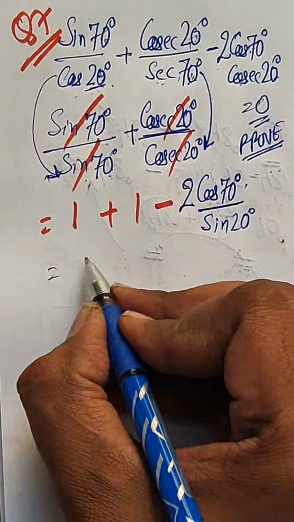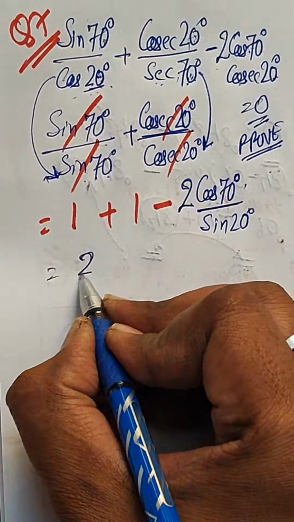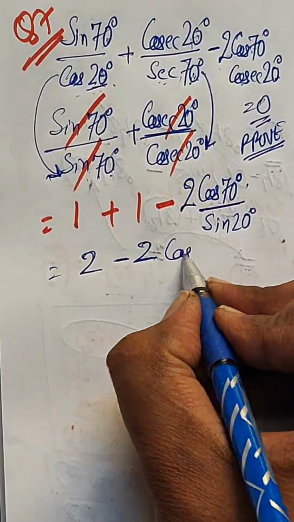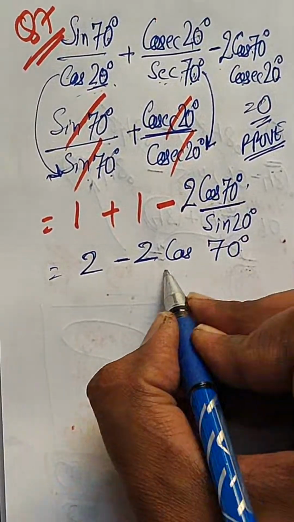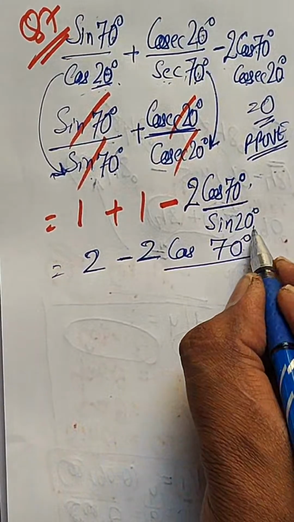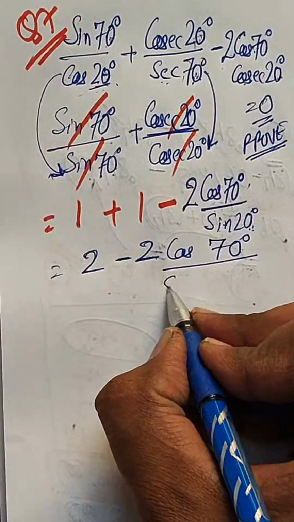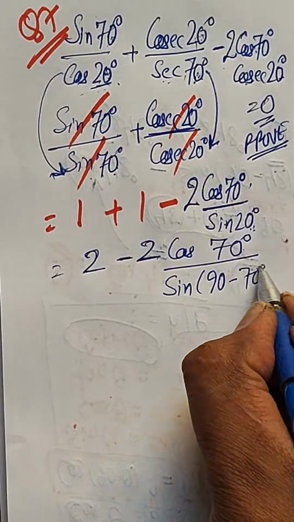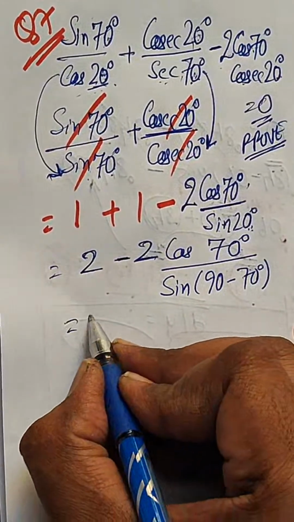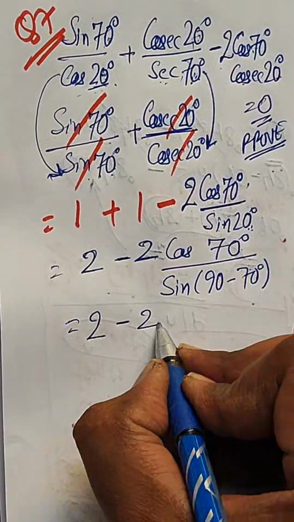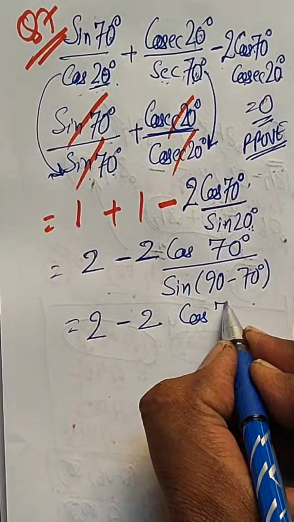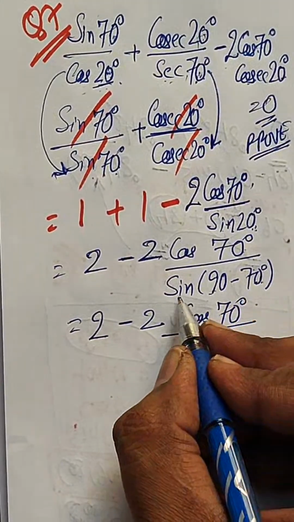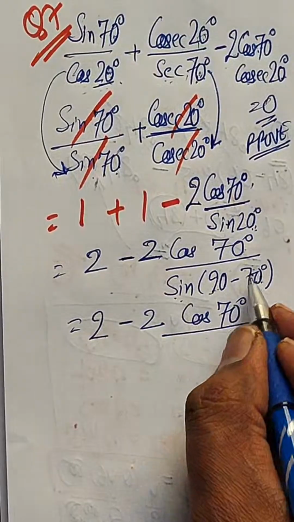This will give you 1 plus 1 is 2 minus 2 times cos of 70 degree divided by sin 20, and sin 20 is nothing but sine of 90 minus 70 degree. This will give you 2 minus 2 times cos of 70 degree divided by, you can see it's complementary, sin 90 minus theta is cos theta.